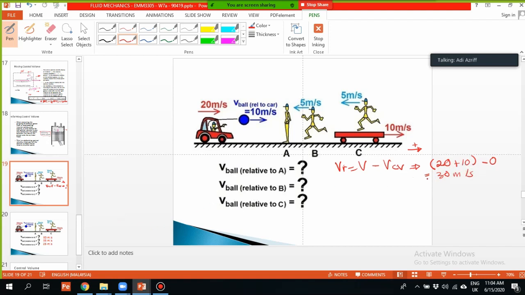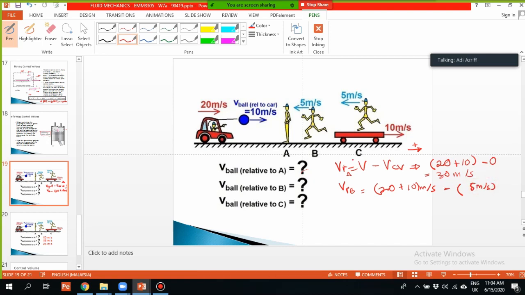For VRB, just now VRA, our velocity is towards B. The velocity of the person and the ball is 20 plus 10 meter per second, minus the control volume towards B, which is 5 meter per second.